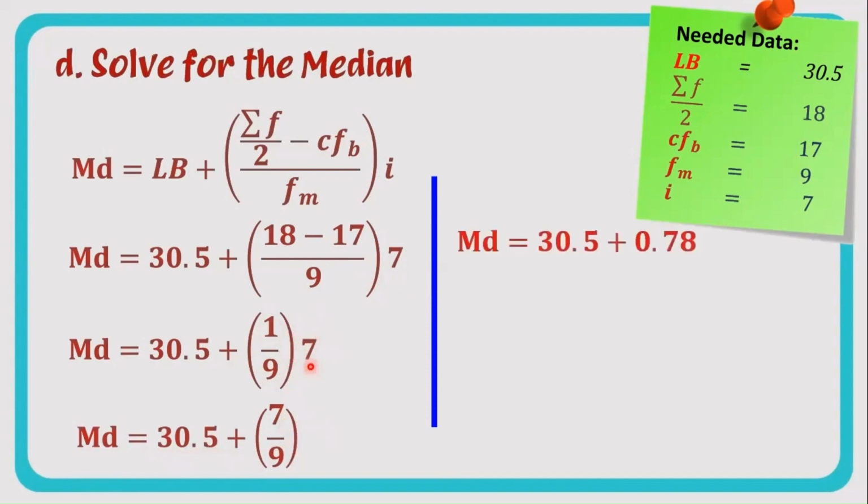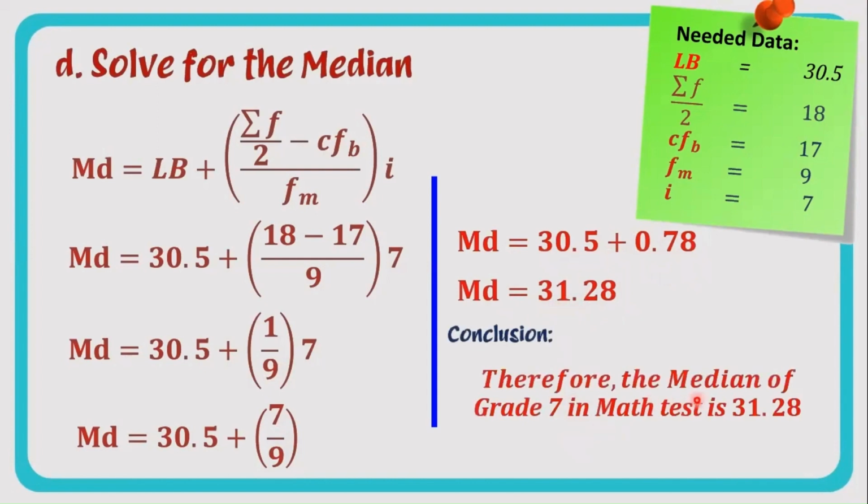Next, we divide 7 by 9, and that is 0.78. Now we can add 30.5 plus 0.78, and that is 31.28. Therefore, the median of the scores of grade 7 in the mathematics test is 31.28.